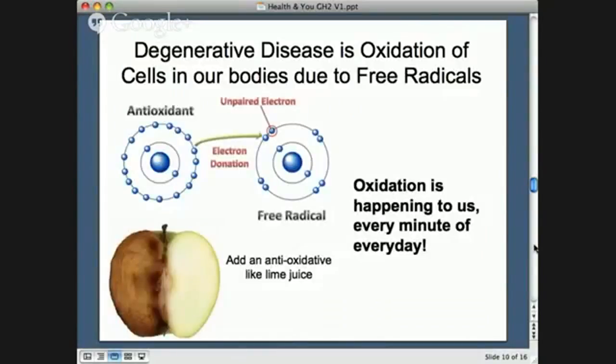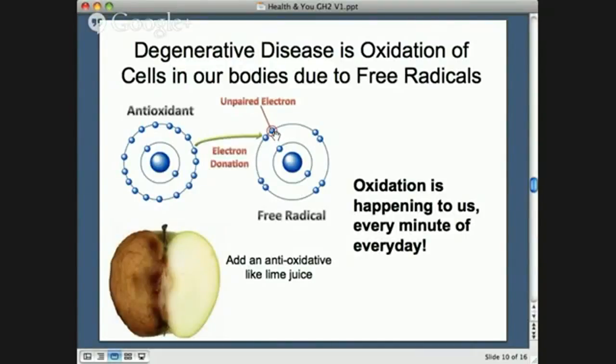But degenerative diseases is a great term, isn't it? Because it doesn't make too much sense. What does it mean? We talked earlier about the cell, and we talked about the electrons. All of these stresses that come into our lives from our lifestyle choices, from our food choices, from pollution, toxins, and other stress, affect the electrons that scoot around the outside of our atoms and in our cells.